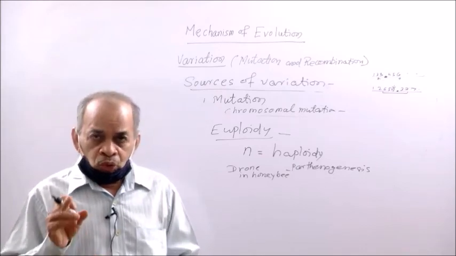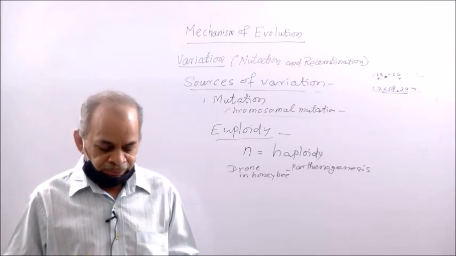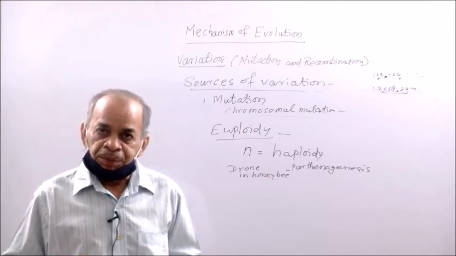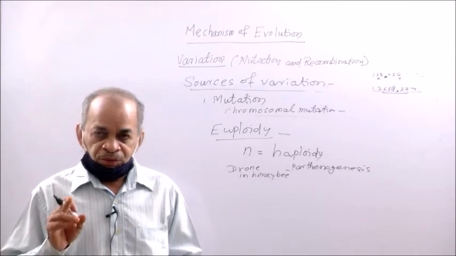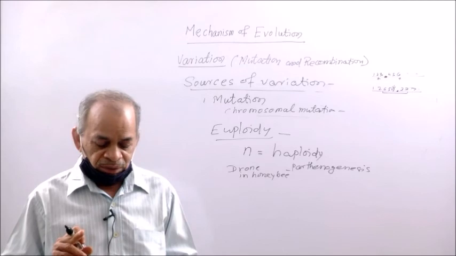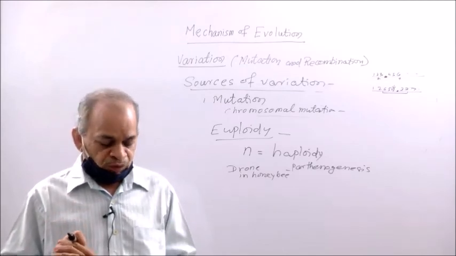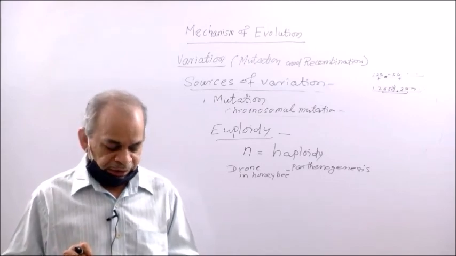And when two different species contribute to polyploidy, it is called allopolyploidy or amphiploidy. So, if it is obtained from one species, it is autopolyploidy, and if two different species contribute, it is allopolyploidy or amphiploidy.